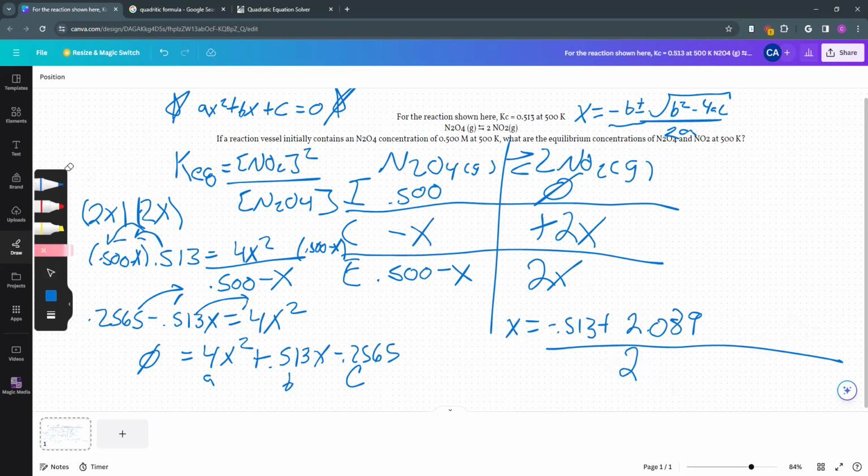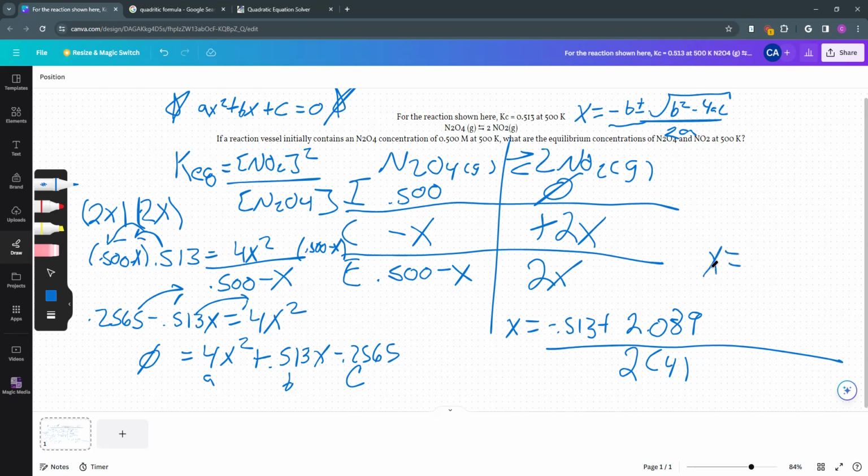That's 2 times 4. All right. So let's do the first solution where we're adding negative 0.513 to this number. So negative 0.513 plus 2.089. I'm going to take that number and divide by 8.